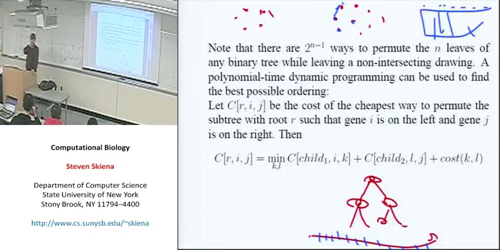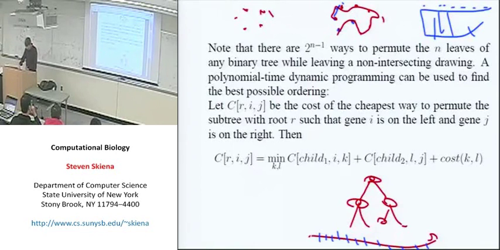Does everybody agree with that? So that would suggest that if I solve a traveling salesman problem, I solve my drawing problem, which is good. But traveling salesman is NP-complete, which is bad.